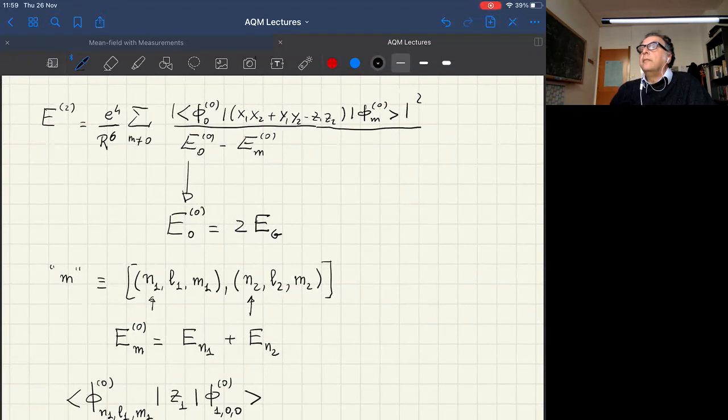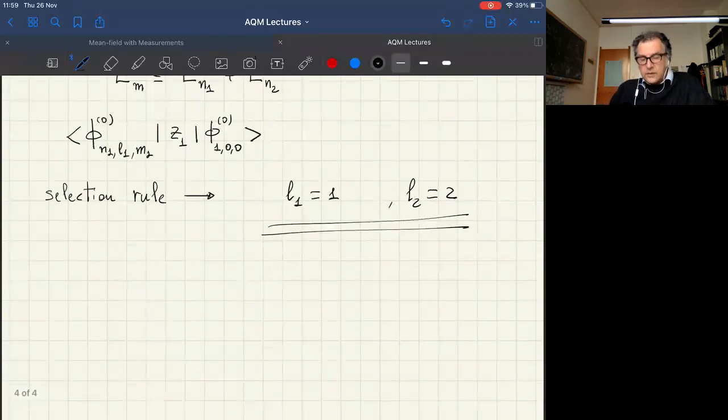Still, this is not enough because you have to find that m1 should be equal to 0 and m2 will be equal to 0.